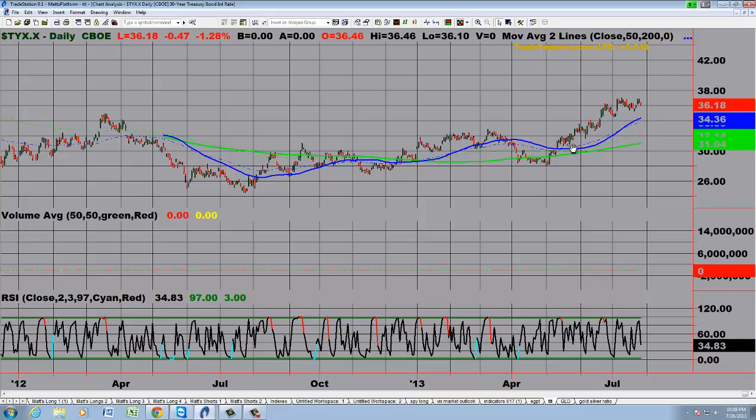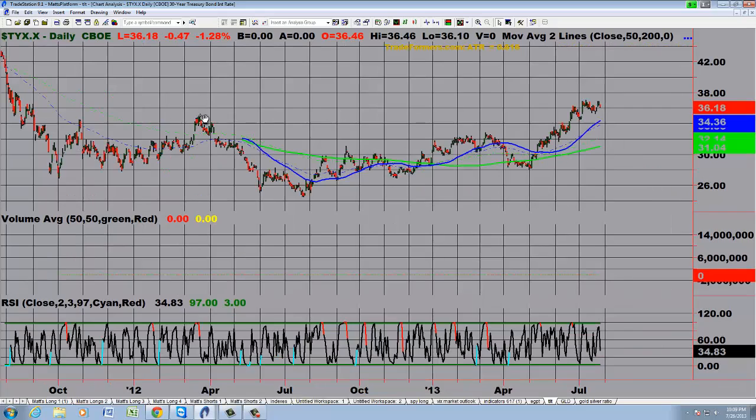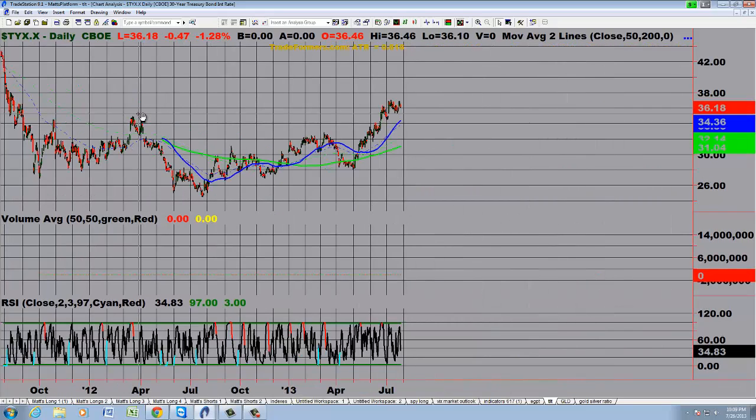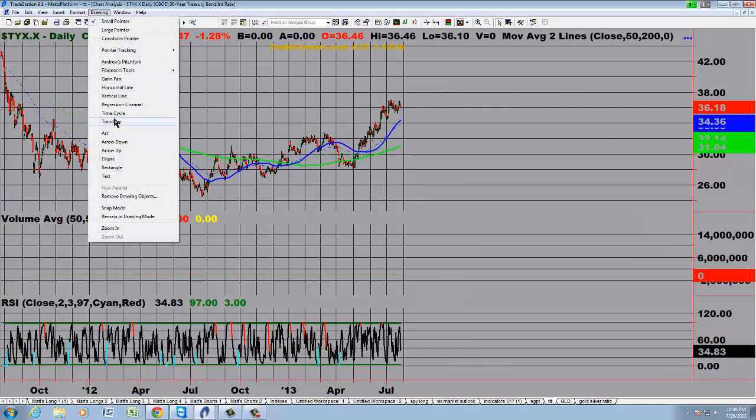So this is telling you that as we're moving above this 50-day moving average, rates on the long side of the spectrum, the 30-year bonds, are actually at their highest levels going back to 2011, right? Let's draw this line here.